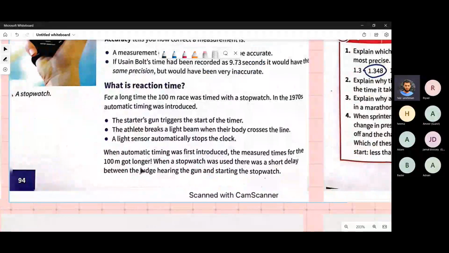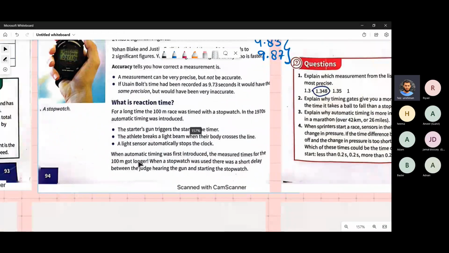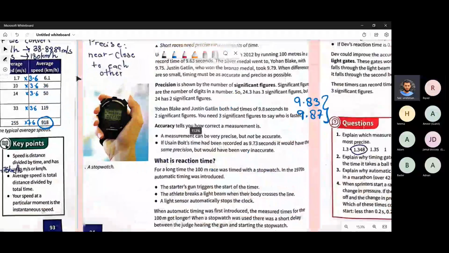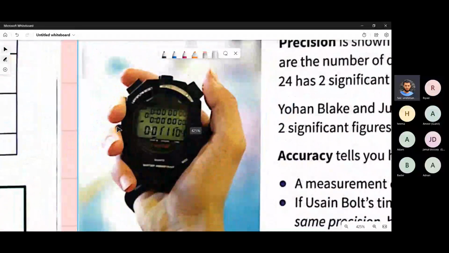So now what is reaction time? Okay. Reaction time, for example, for keeping the time, there is a human. Till now, there is no robot to start the time, right? There is someone who will fire the gun, and then the race will start.